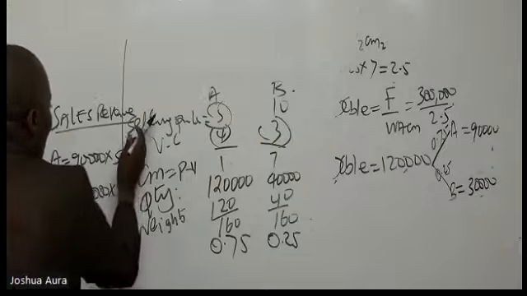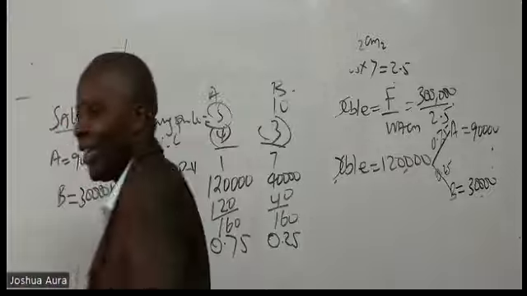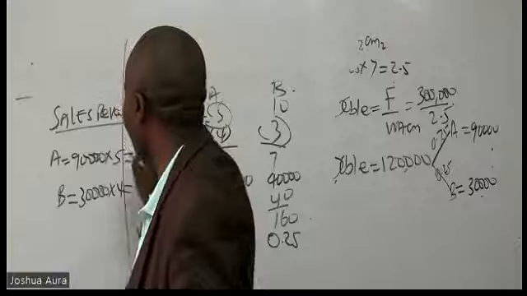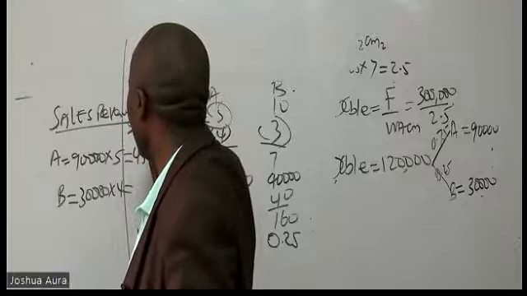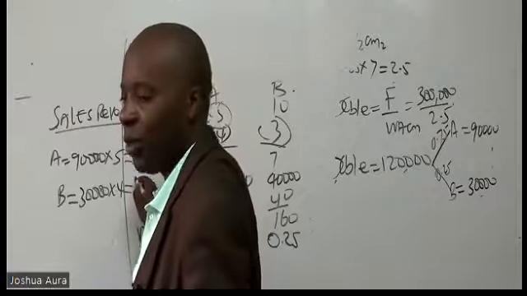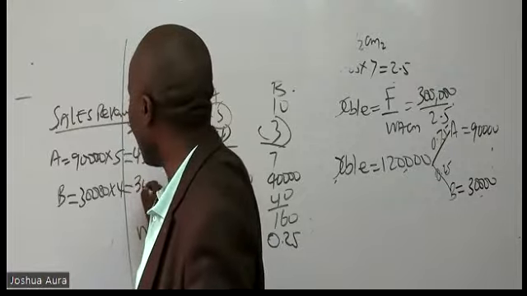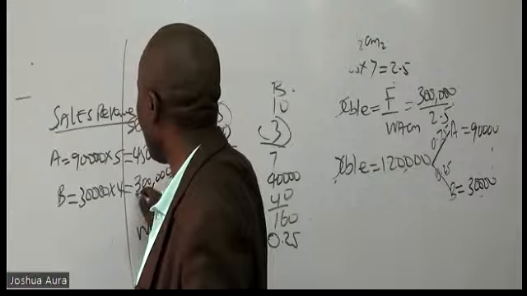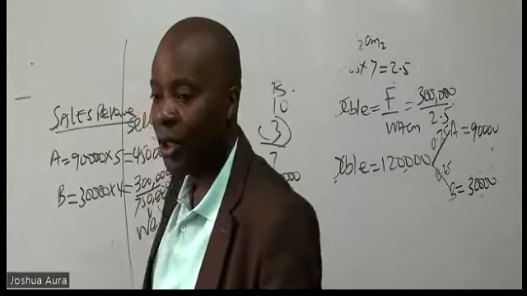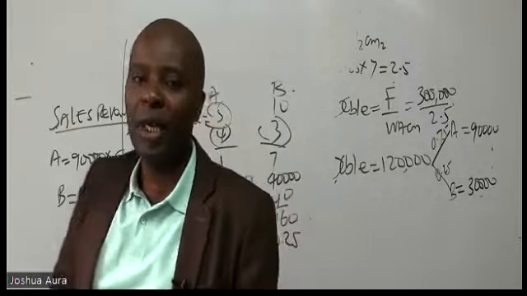So A gives me 450,000. And then B, what do we have at the end of the day? 300,000. So the total gives us 750,000.